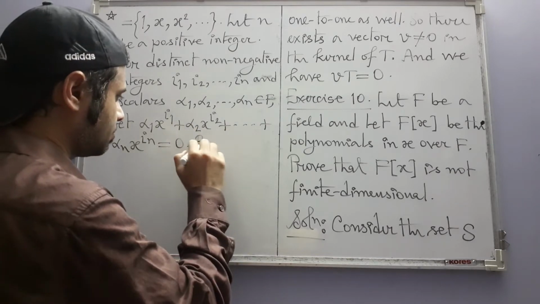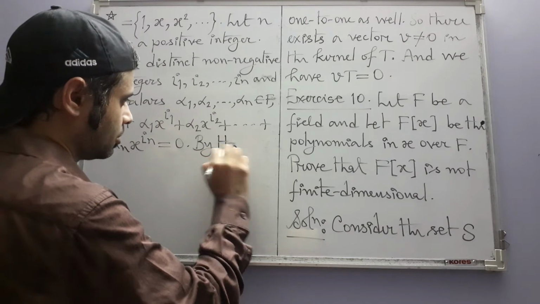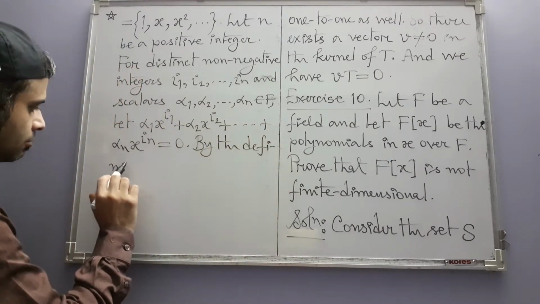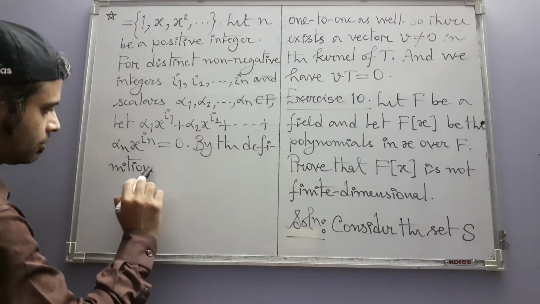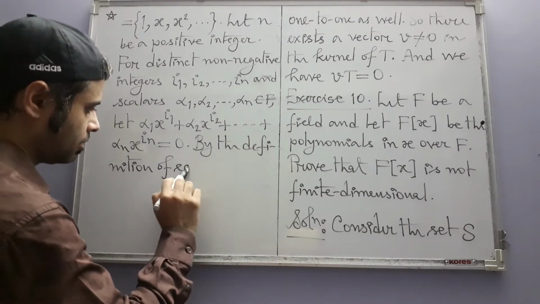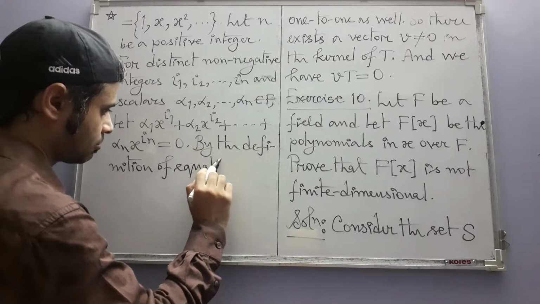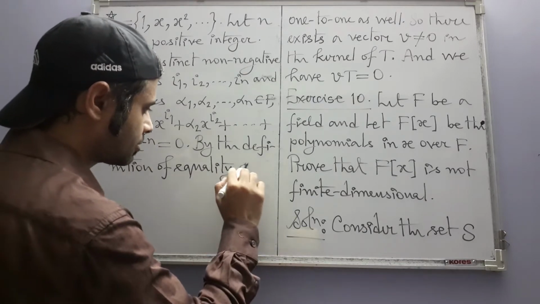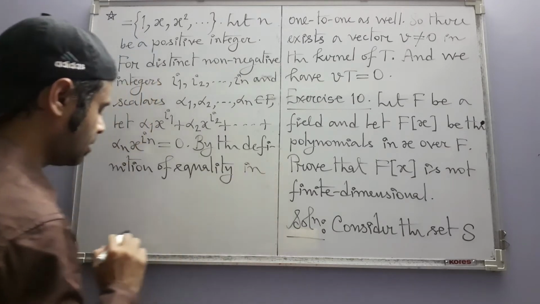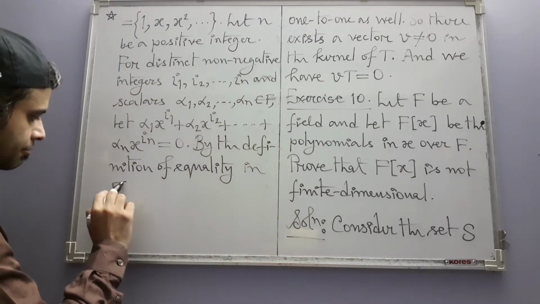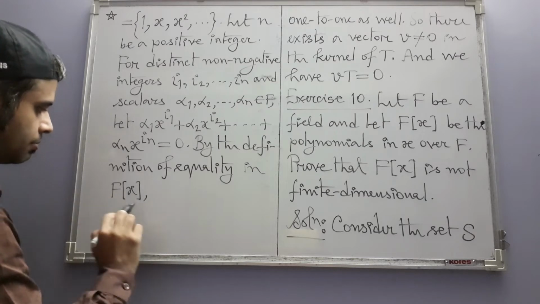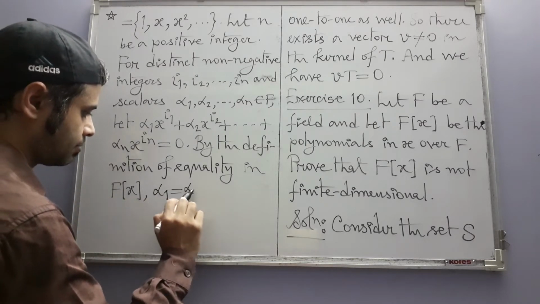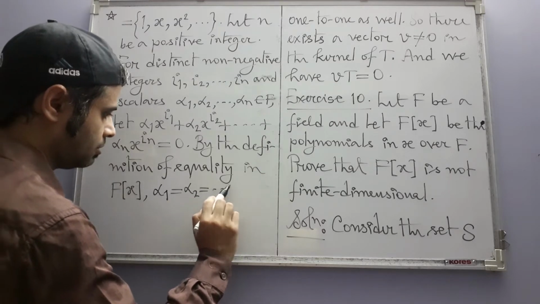by the definition of equality of two polynomials, or you can also write like this: equality in the vector space F[x], all the alphas are now going to be 0.